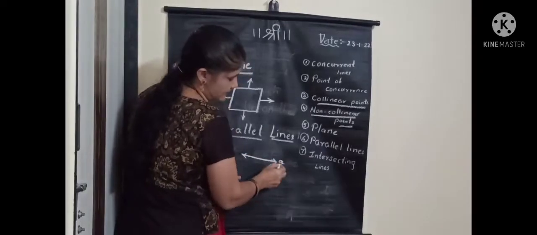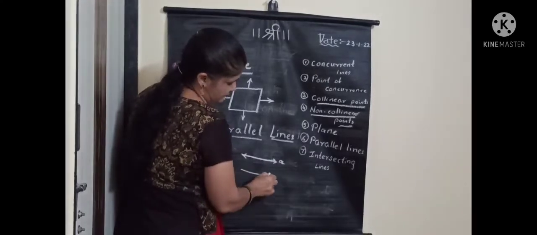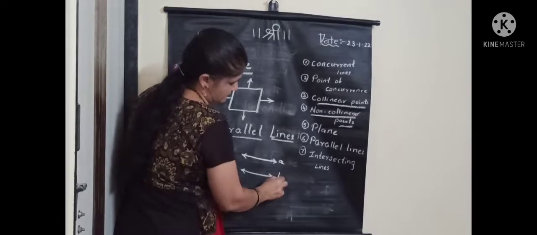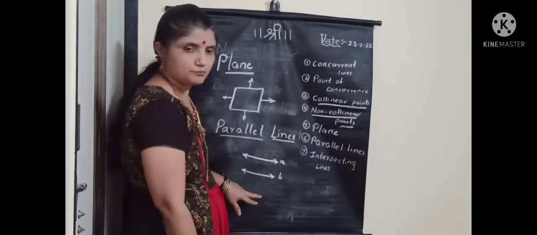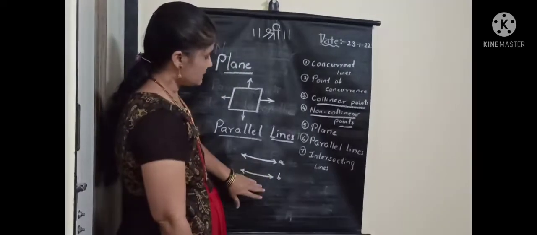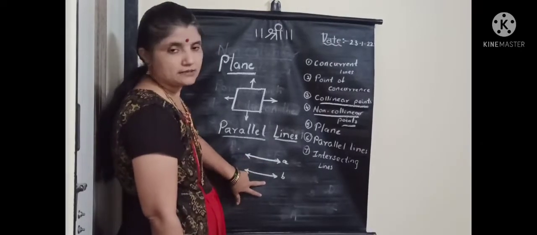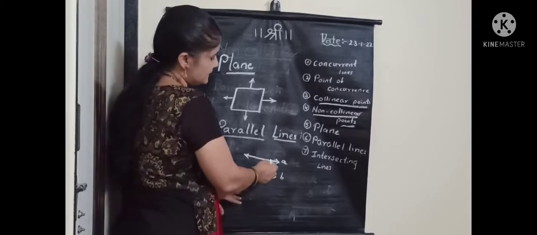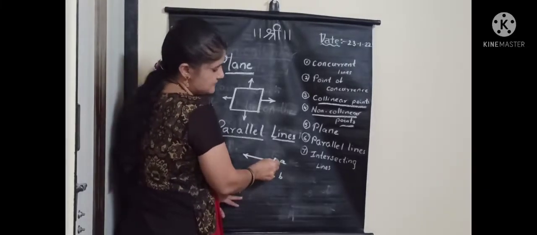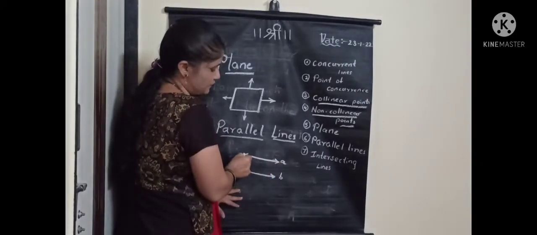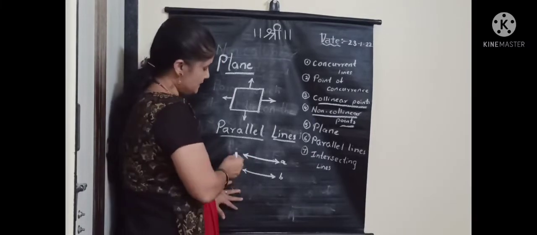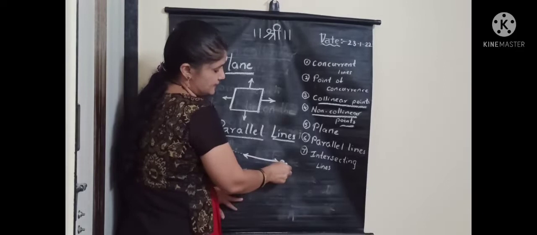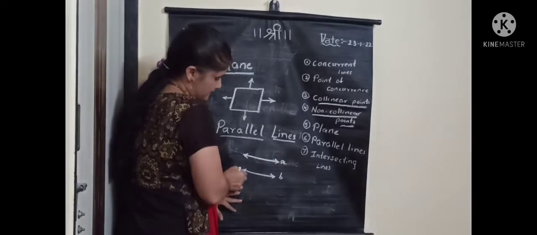Now I am showing you two lines over here, line A and line B. A line has an arrowhead at both its ends. It means the line is extended in both directions infinitely.